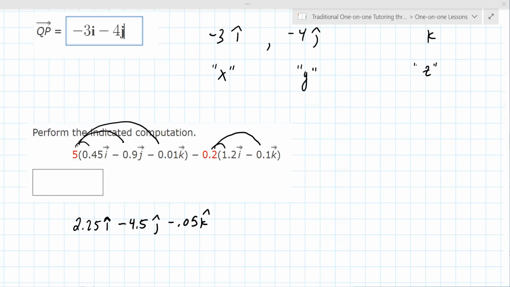I'm just going to use a calculator. I don't want to take any chances here since this is for a grade. So this is minus 0.24 I hat, and then plus 0.002. I think I got an extra 0 on the 0.02 K hat.